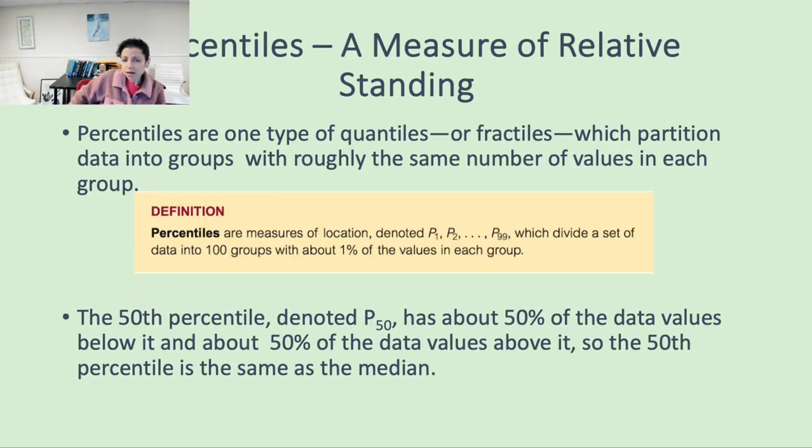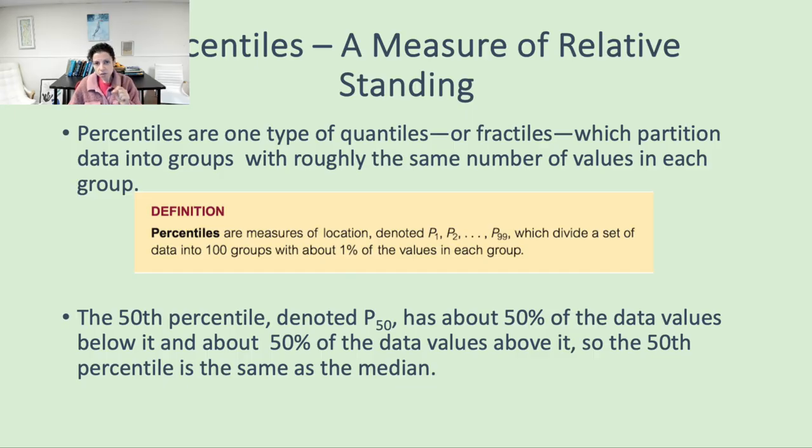Another way of measuring relative standing of values in a data set is percentiles. Percentiles are one type of what we call quantiles or fractiles. Percentiles partition a data set into groups with the same number of values in each group. A percentile measures location.